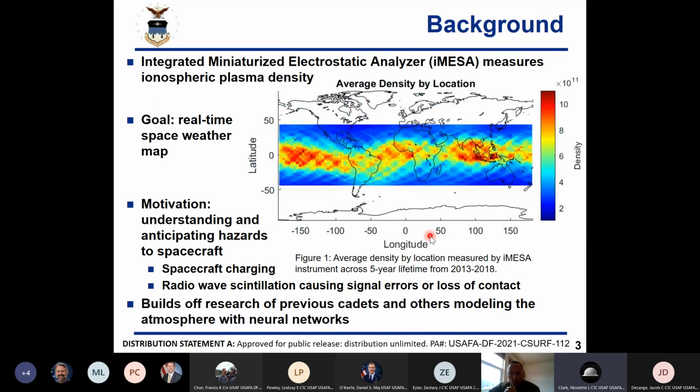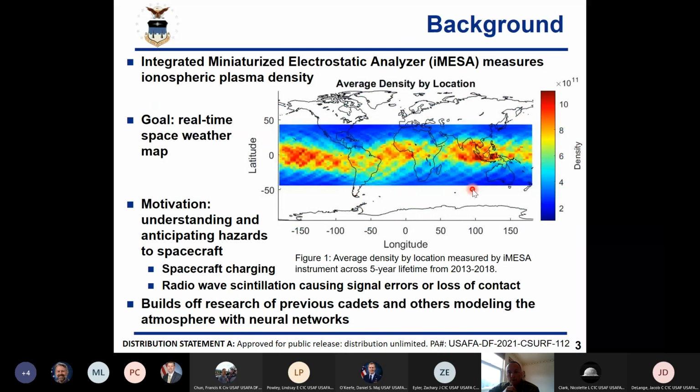So essentially this plot shows the average density that was measured by the IMESA over a 5-year time period at each location. And that's why the maximum here is kind of smeared out, because this is averaged across time. But what you'll notice is in this average plot, we really can't see that separation between the two crests, except maybe possibly around Southeast Asia. But the short answer to your question is we don't really have that resolution in the data set.